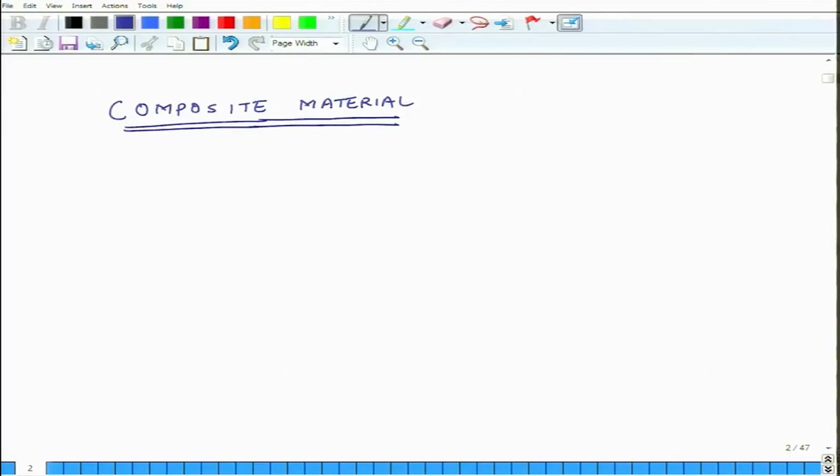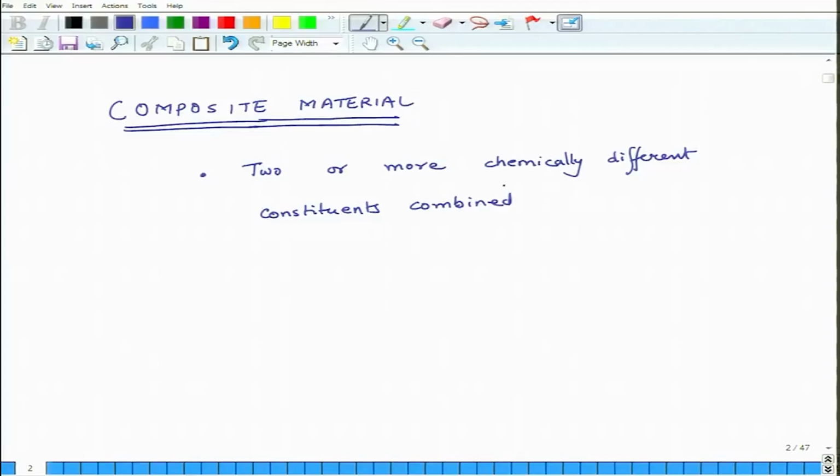It is any material which has the following: the first thing is that it should have two or more chemically different constituents combined macroscopically to yield a useful material.